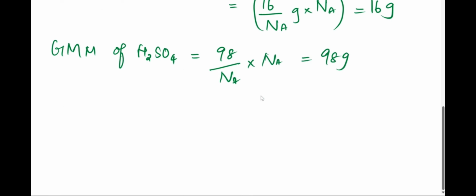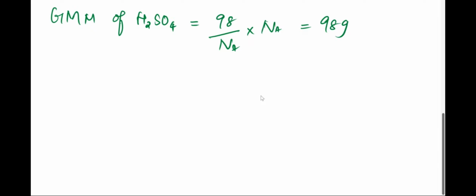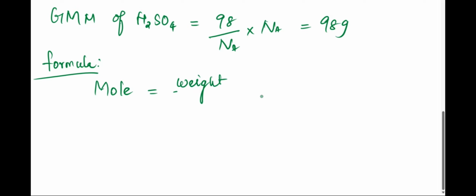So I'm just giving you the formulas for whatever we have referred to till now. Mole of atoms, one mole, which we can find by weight divided by atomic weight or molar mass.